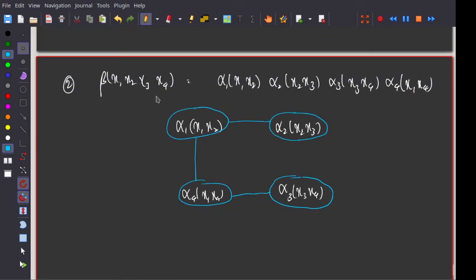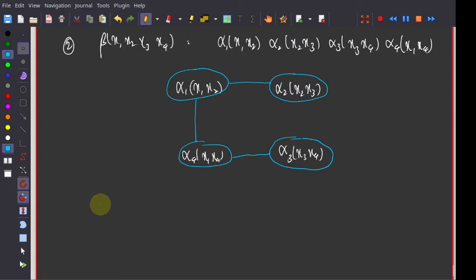So maybe let's look at this particular example, and how we can construct a junction tree for this function. To this, I'll multiply two more local functions, both of which are identity.